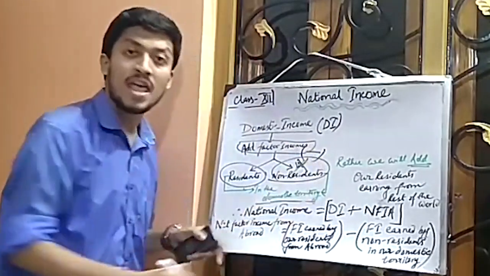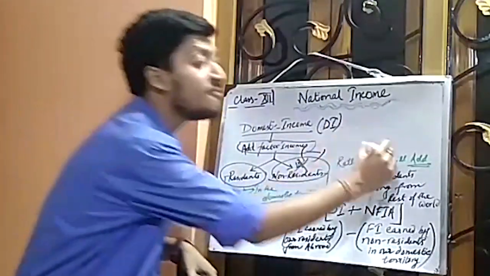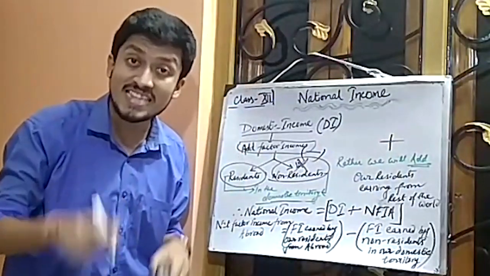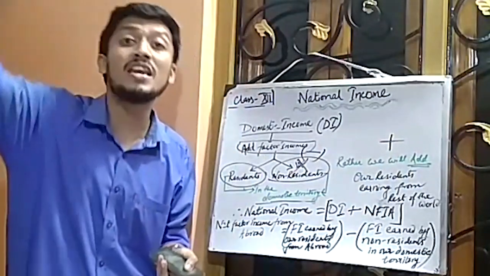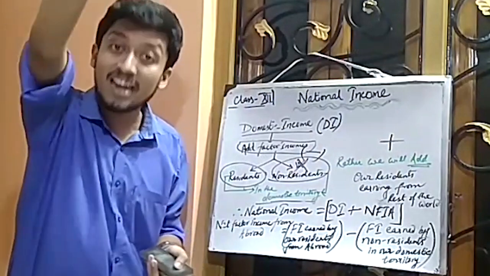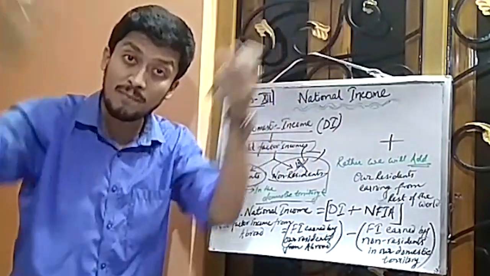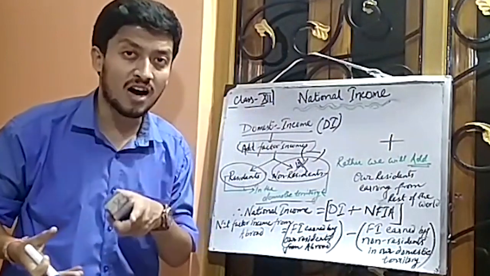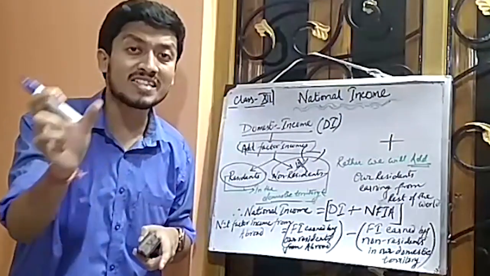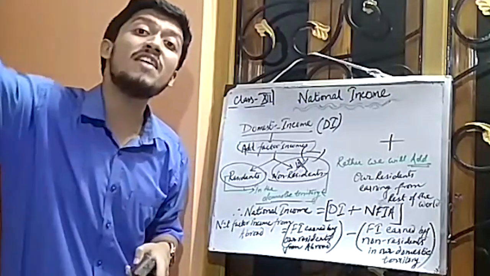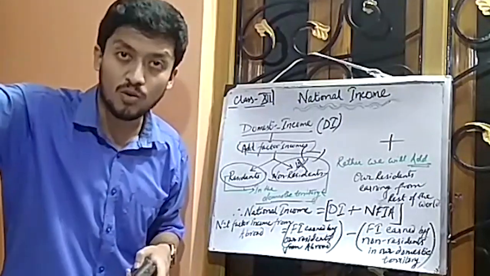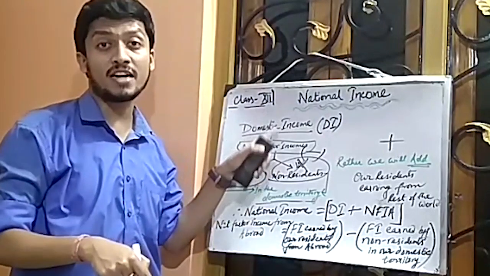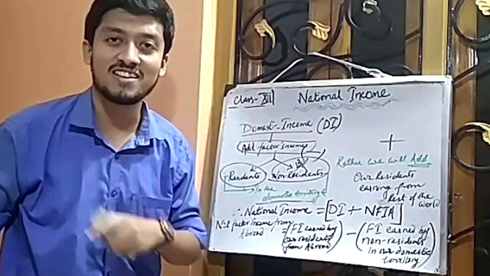and on the other hand, you add the income of those normal residents of our country who are living abroad, earning from there and sending it back to our country, that is, the factor income earned by the normal residents of our country living in the rest of the world, and you add it to the domestic income, you are going to get the national income.